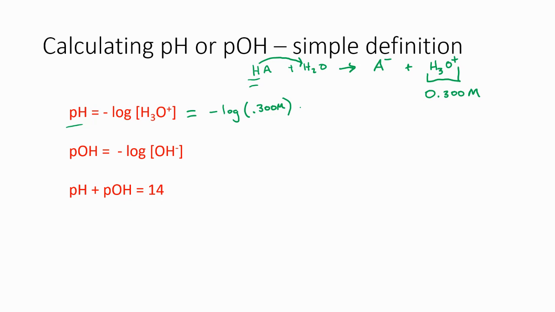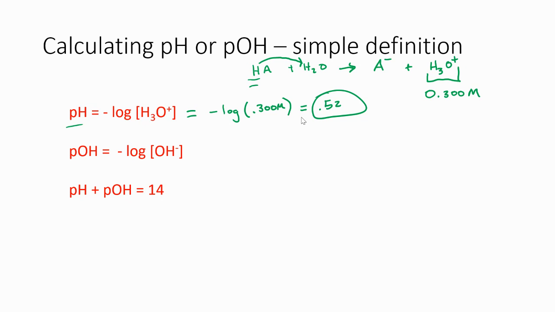And so if I plug that into my calculator, I get a pH of 0.52. That's a very acidic solution right there.